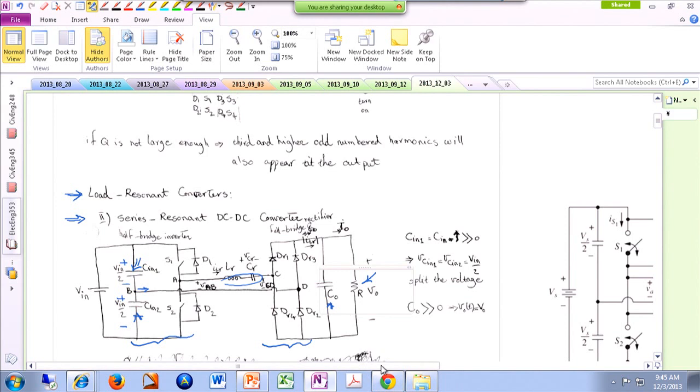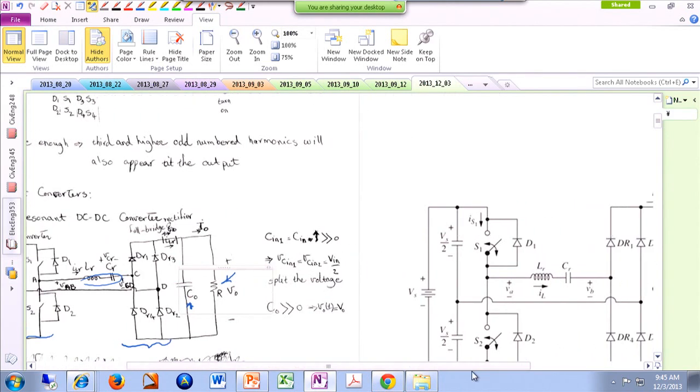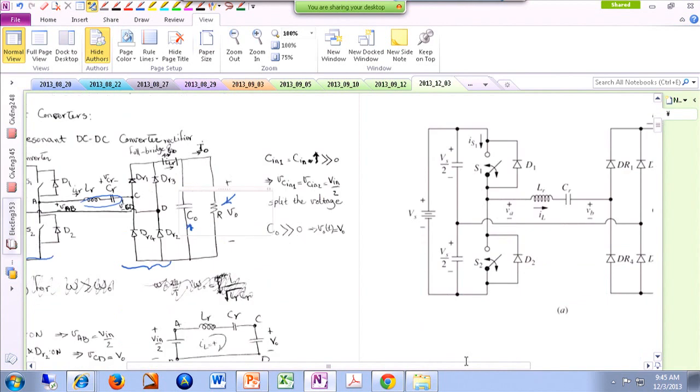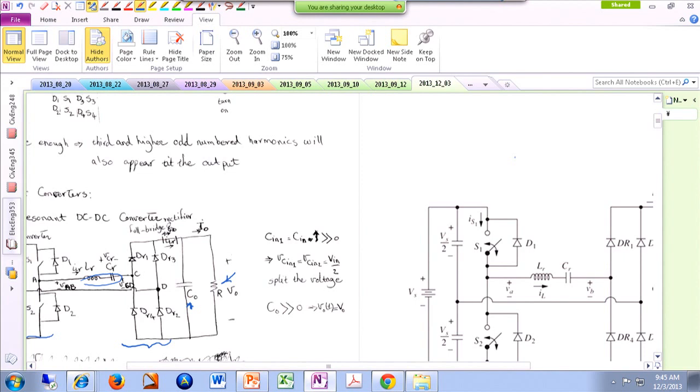All right. So in order to realize these switches, as you can see, the diodes are also mentioned over here, and we are going to see why. So technically, if you want to physically realize this switching network over here, it is basically an IGBT, for instance, and there is a diode anti-parallel with that.